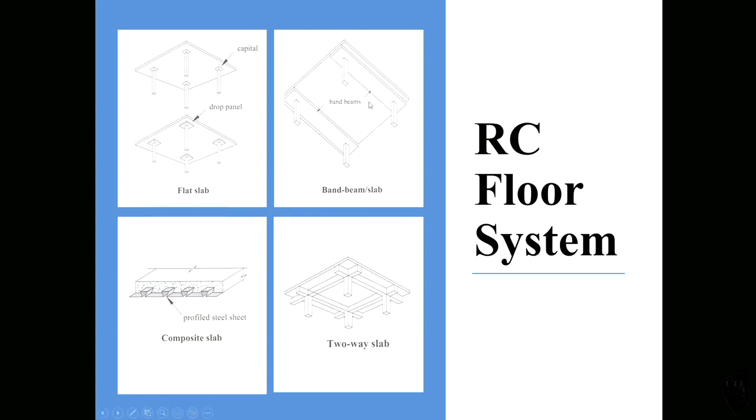So you can see this part will work as steel reinforcement, and the bottom part will work as formwork. We don't remove that formwork, so it will stay there. So it's easier for some construction works.